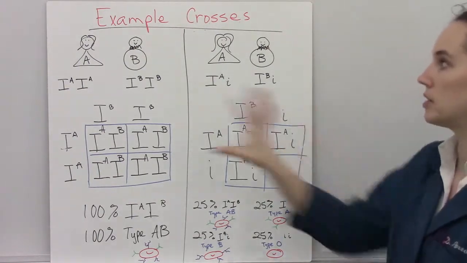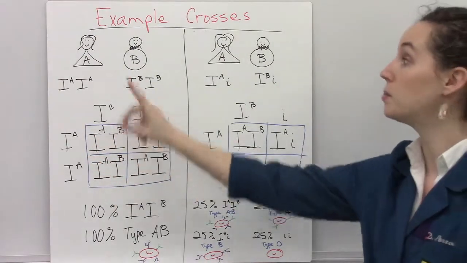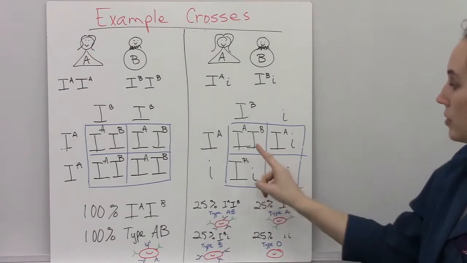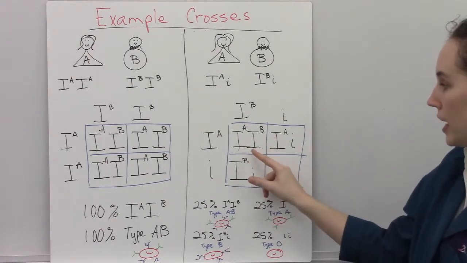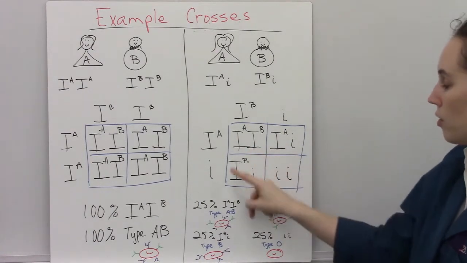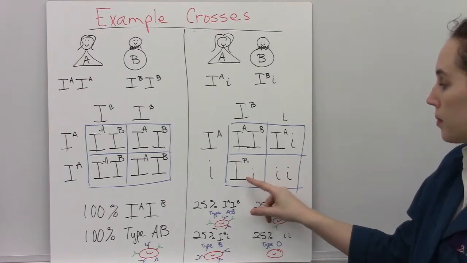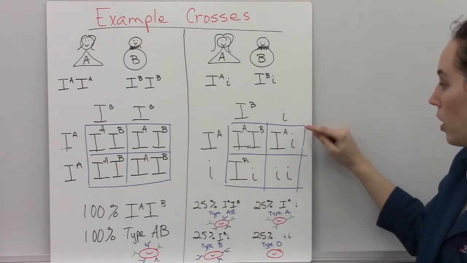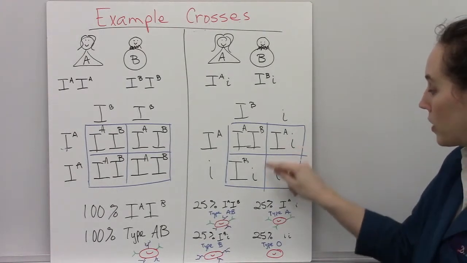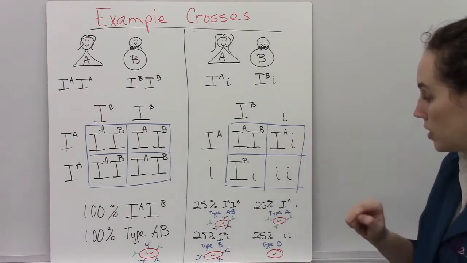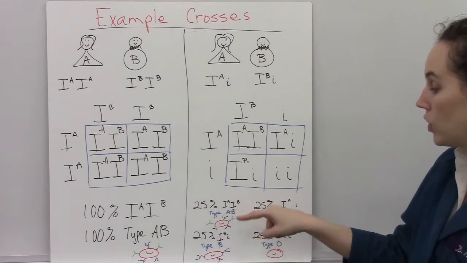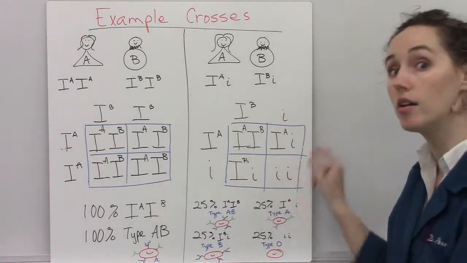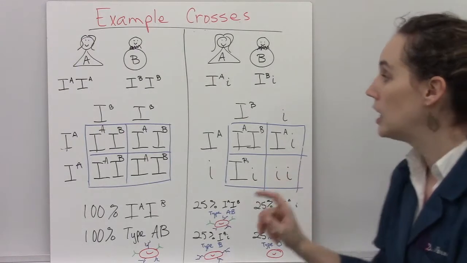That's very different than the example of the same mom with A and the same dad with B. You can see 25% of the offspring are AB, 25% could be B, 25% will have type A blood, and 25% will have type O blood. So there's an equal chance of the offspring getting any one of these genotypes.